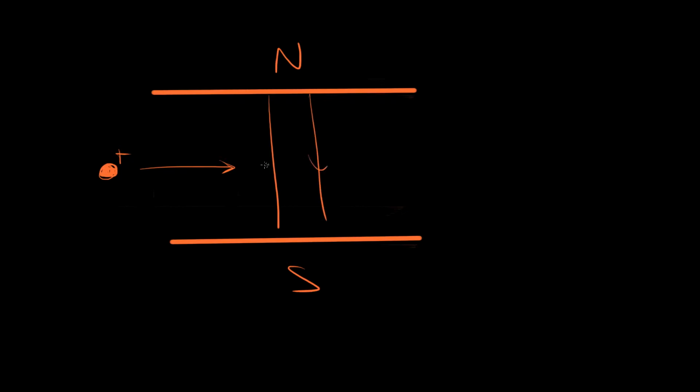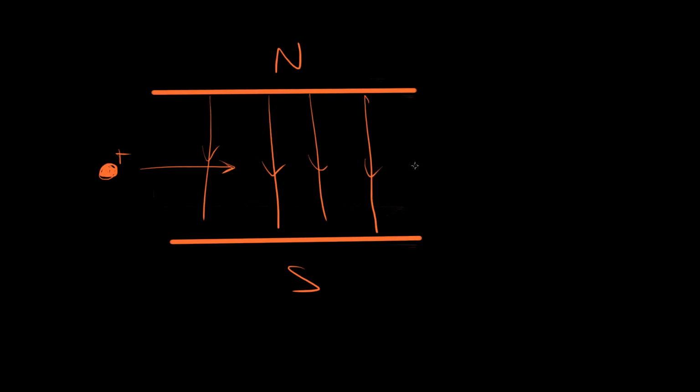And remember, Fleming's left-hand rule only works for positive particles. So in this case, first finger in the direction of the magnetic field, second finger in the direction of motion of the alpha particle or the proton, and the thumb will point in the direction of the force. So in this case, this proton will be deflected into the page.